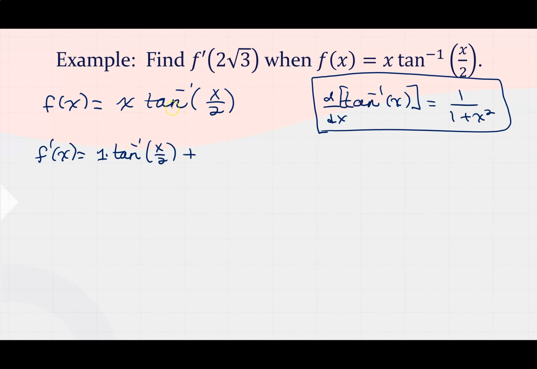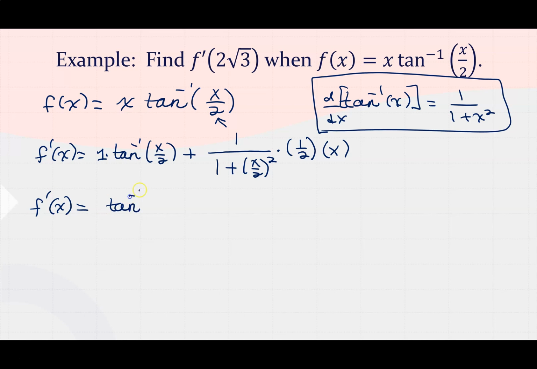The derivative of inverse tangent of x over 2 is 1 over 1 plus (x over 2) squared, multiplied by 1/2, which is the inside derivative, multiplied by the first function, which is x.